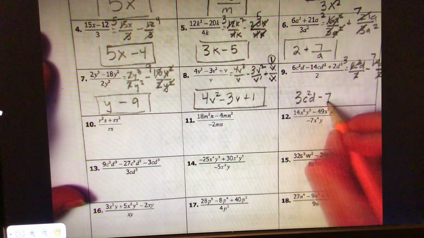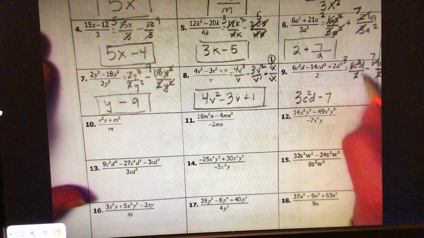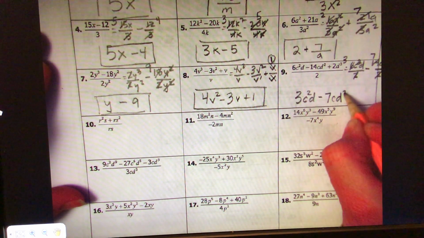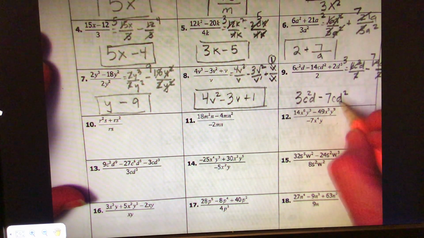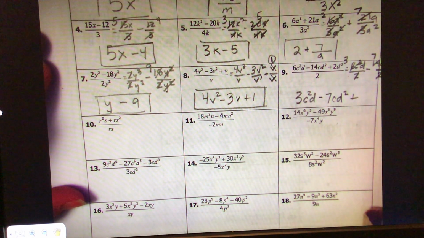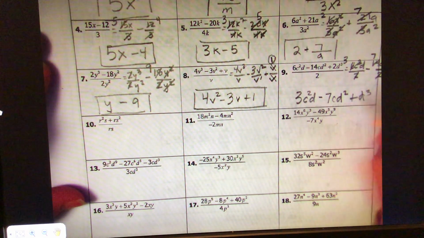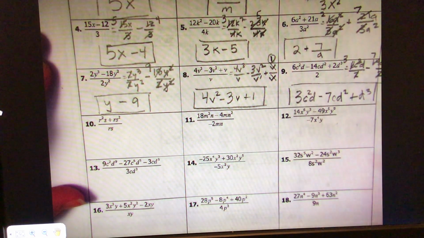So I'm going to put my 7. And then I have no other variables down here, so I get to hold on to the same combo there. And then I have 2 over 2, which becomes 1. And then I have d to the 3rd power. Sweet. Okay. I'm going to end there.